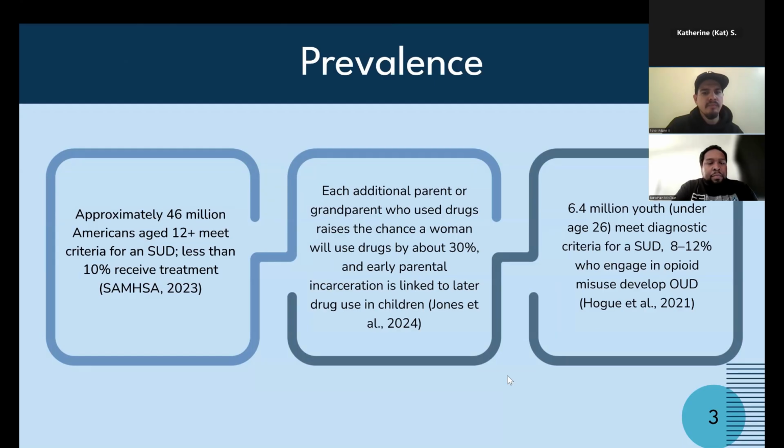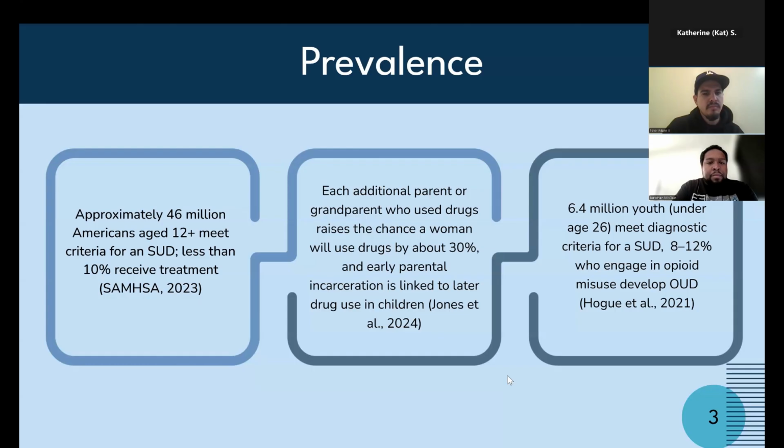There are approximately 46 million Americans, age 12 plus, who meet the criteria of a substance use disorder, according to SAMHSA. I think only around 10% receive treatment, which is a very small percentage of that population.